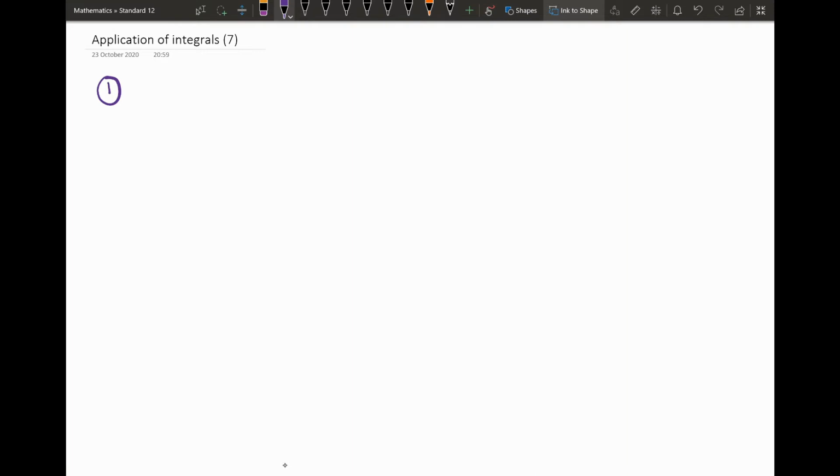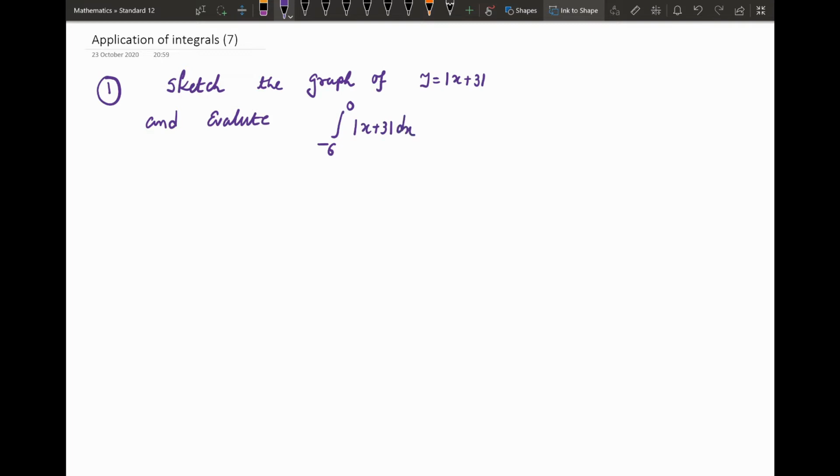First question is, sketch the graph of y equal to modulus of x plus 3 and evaluate the integral from minus 6 to 0 of mod x plus 3 dx. So let us discuss the solution.